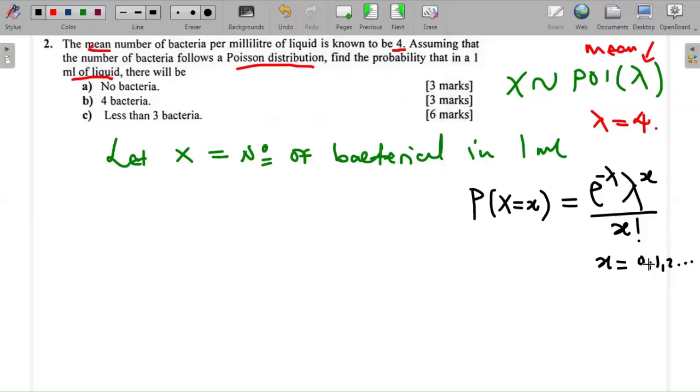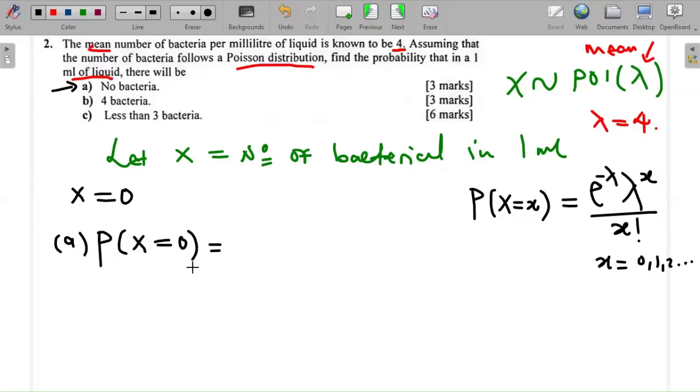Now going back to the question, part A says, find the probability that in 1 milliliter of liquid, there will be no bacteria. No bacteria means X, the number of bacteria, will just be 0. So in A, we are simply finding the probability that X is equal to 0.